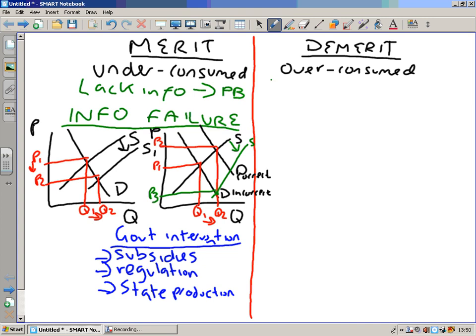Demerit goods, people lack information about private costs. Don't understand the damage that products do to themselves, so things like nicotine, alcohol, drugs, maybe driving their cars. Sometimes fail to understand the damage that some products do to themselves, and again, this is because of information failure.